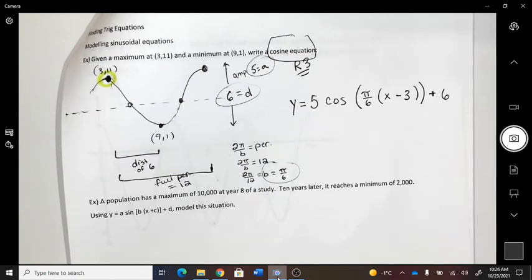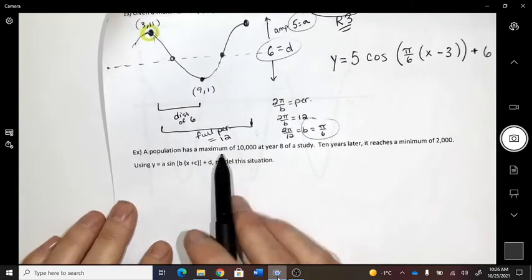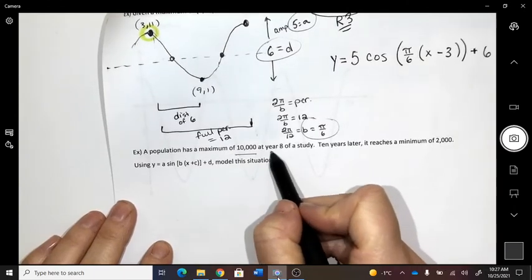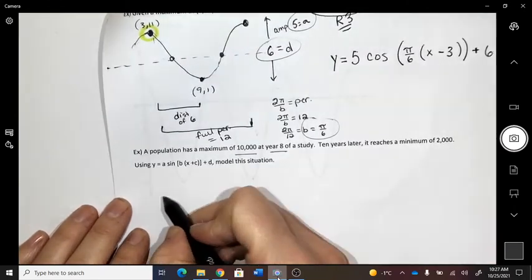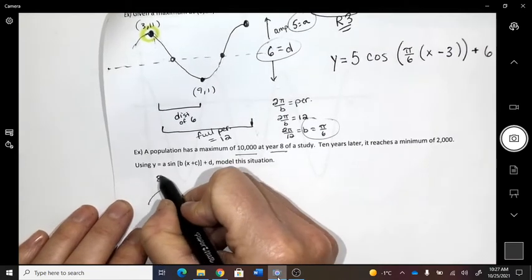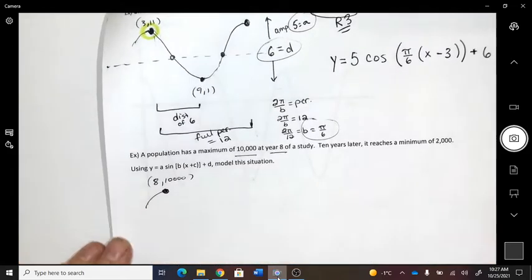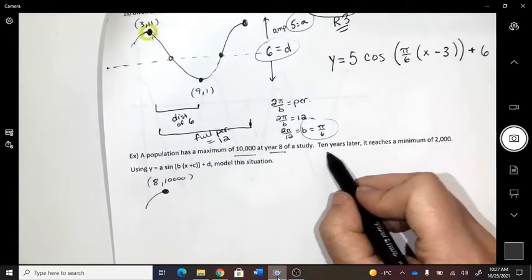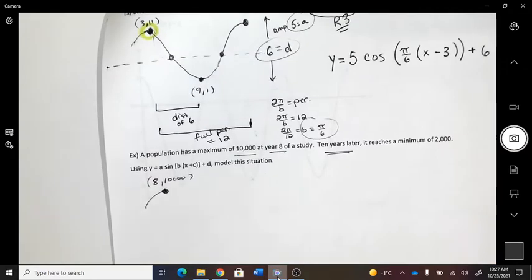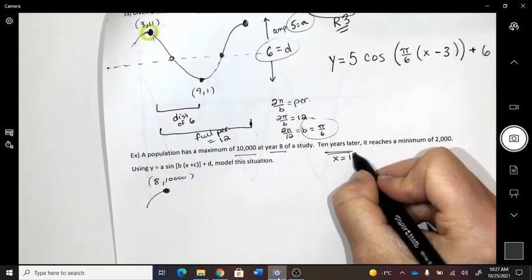Okay, let's try another one. Okay, we have max 10,000 at year 8. Years later. Okay, be careful there. If you're 10 years later, what's the actual x value? 18.